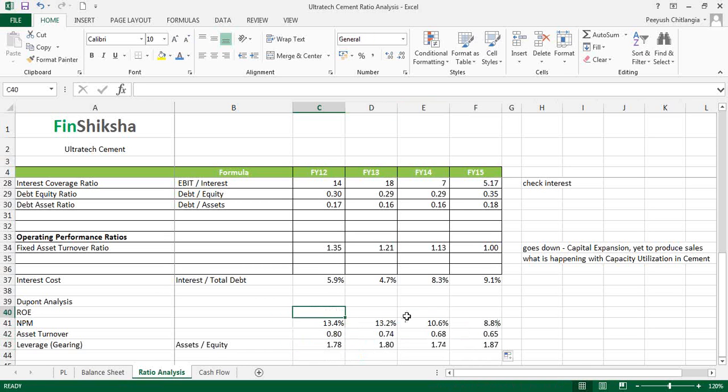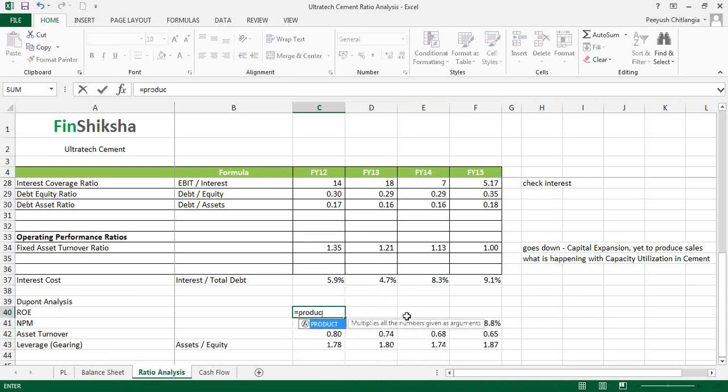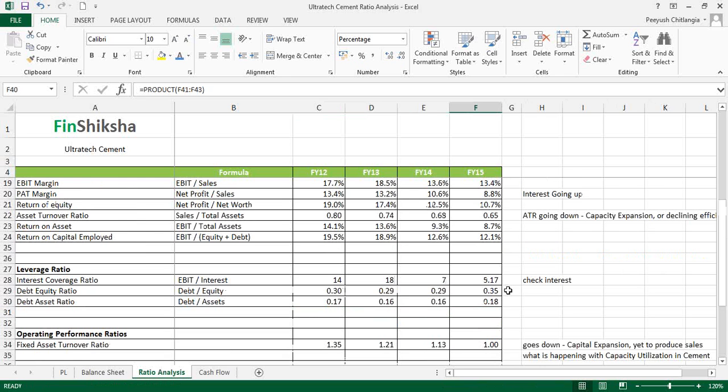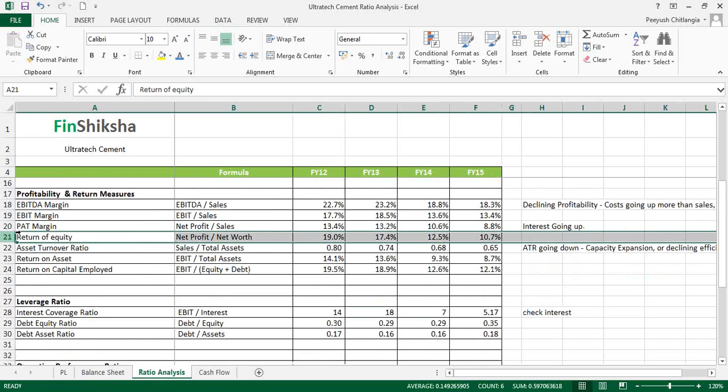When you multiply these three, the product of these three numbers is what we are looking at, and we get 19%, which is exactly the return on equity that you saw here. So ROE going from 19% to 10.7%, that's what we had seen here.